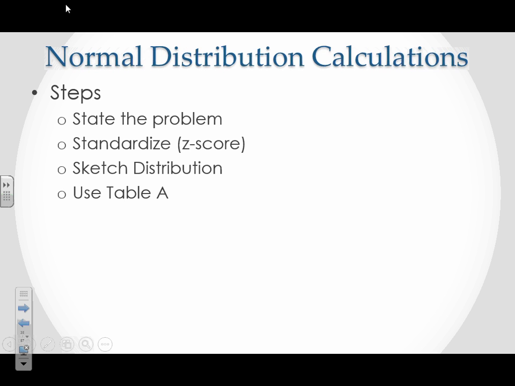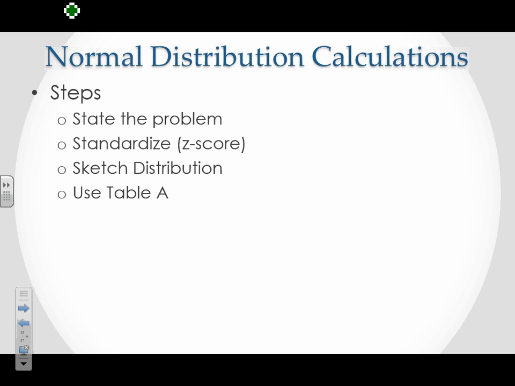So once you know what the problem is stating, we want to standardize. Take whatever specific value they gave us and standardize it. Meaning what? When I say standardize a value, what's the process? We have to calculate the z-score.